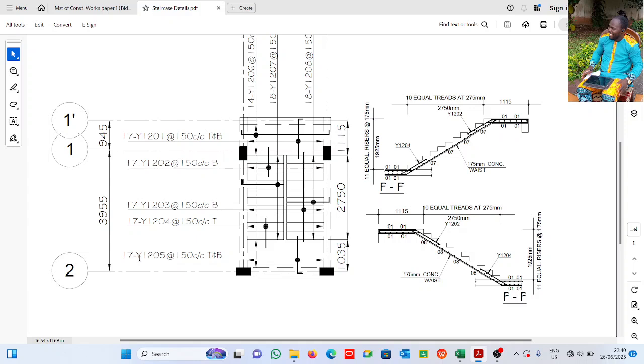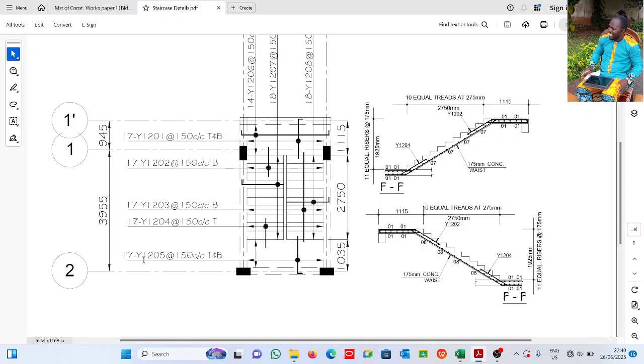Y is the type. Y means high yield. M or S means mild steel, which is very scarce or rare. 12 is the diameter of the bar.